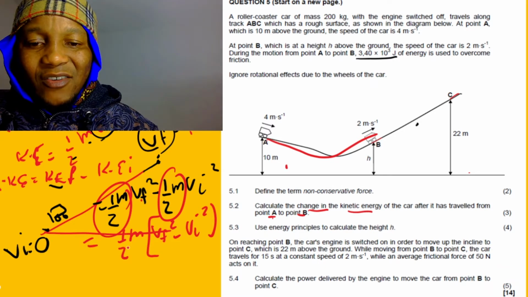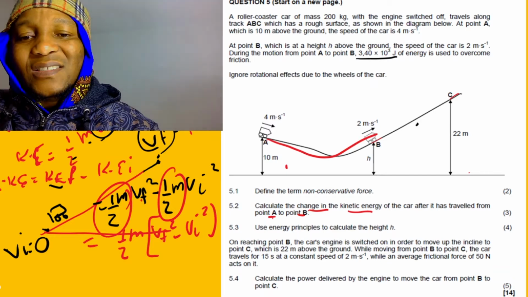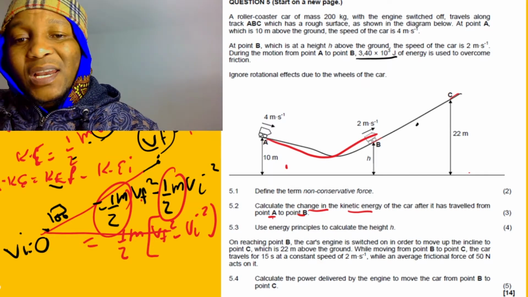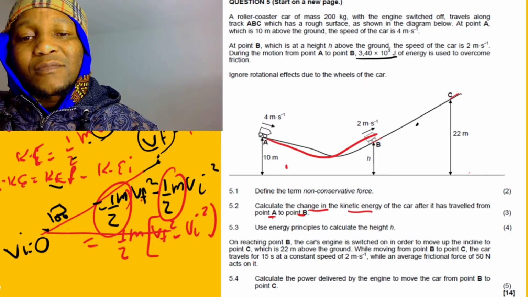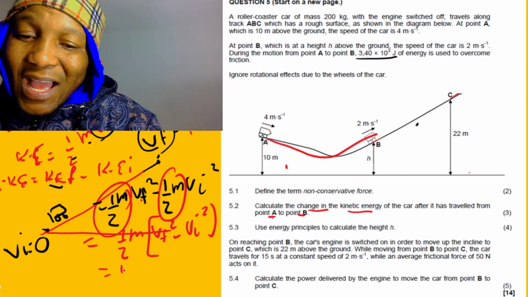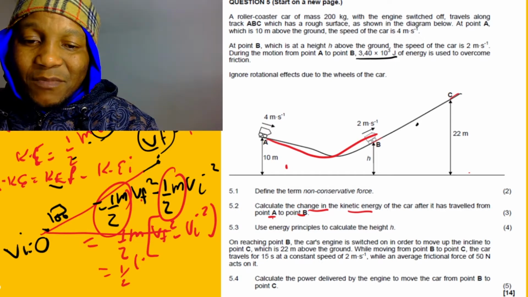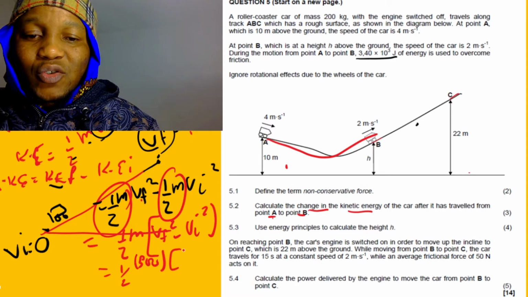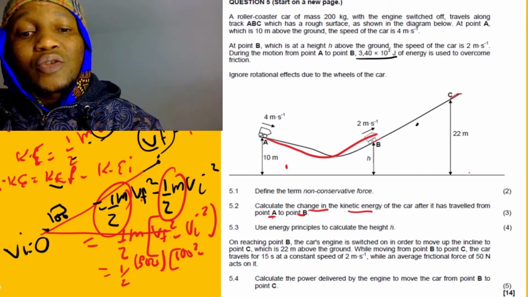Velocity final is going to be 100. Let's say the car has a mass of 500 kilogram. Man, that car must be very light. So a half times mass equal to 500 kilogram times velocity final equal to 100 square minus velocity initial. It was at rest, so velocity initial equal to 0 square.